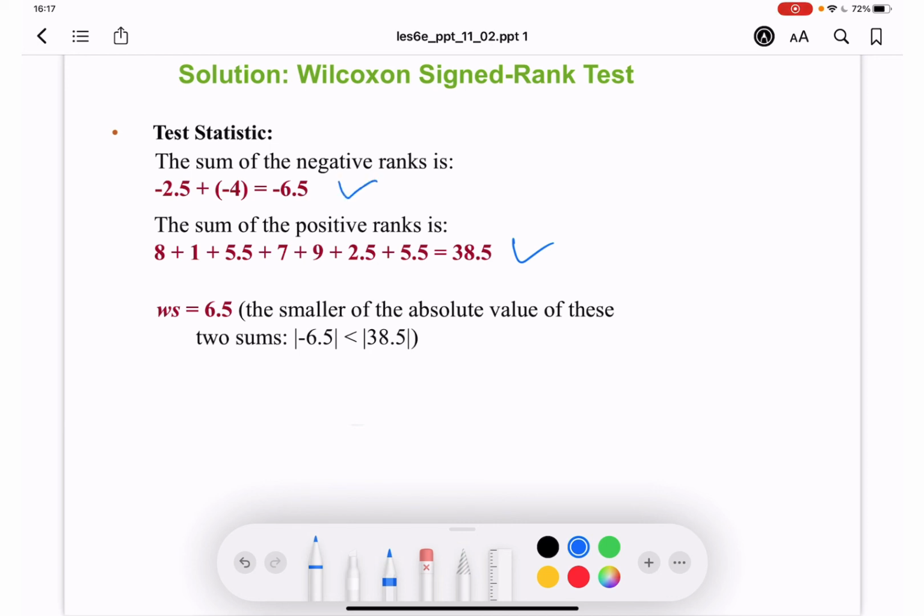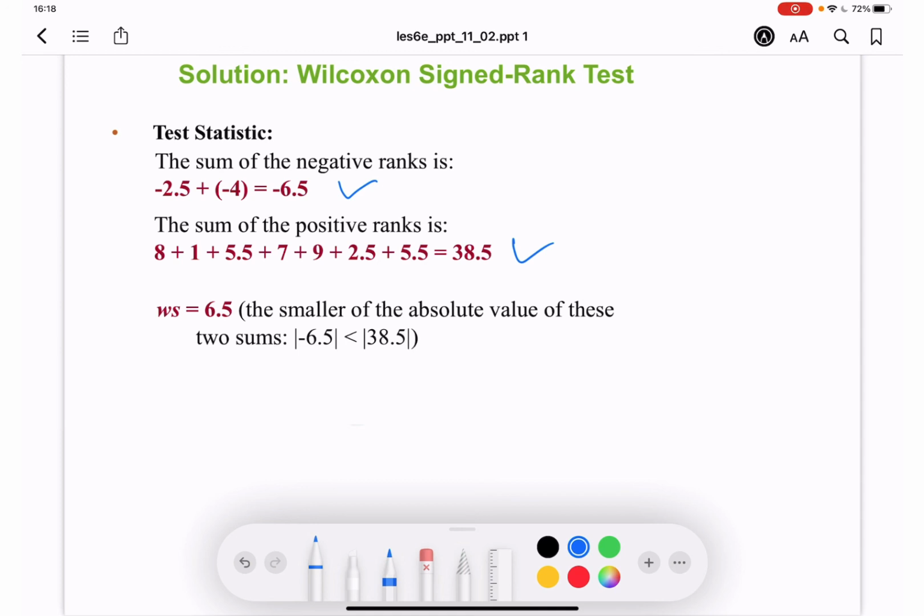And positive 6.5 is compared to our critical value that was 8, if you recall. Remember, our alpha was 0.05. Since we had two tails, we multiplied and got 0.1. And n was 9: the total is 10, but we did minus 1 because 1 didn't give a difference between old and new design, so it became 9.